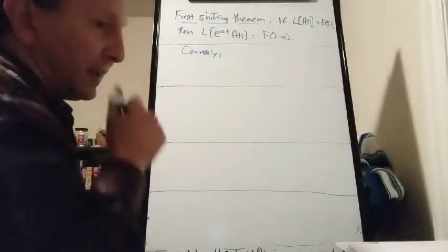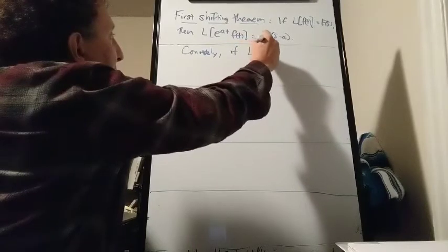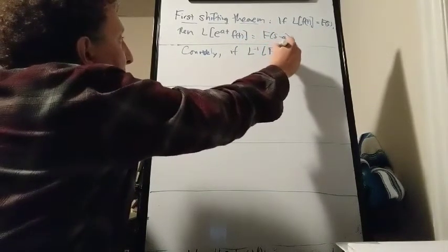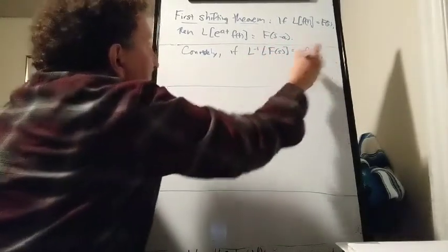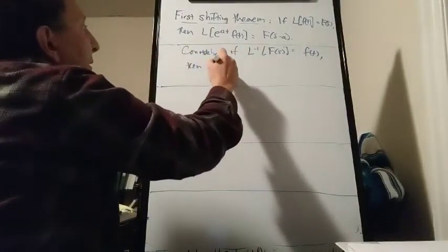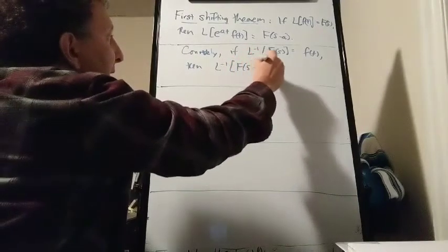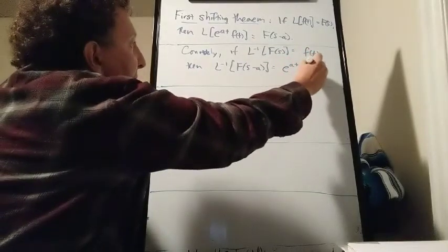Conversely, if we're taking inverse Laplace transforms, and if we know that the inverse Laplace transform of capital F of s is little f of t, then the inverse Laplace transform of capital F of s minus a equals e to the at f of t.